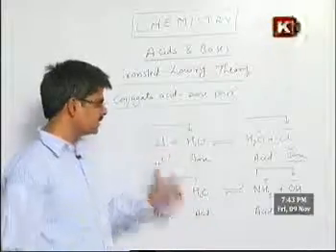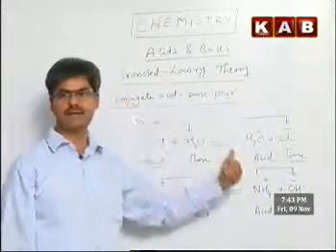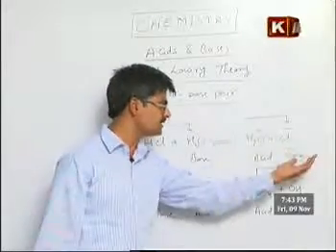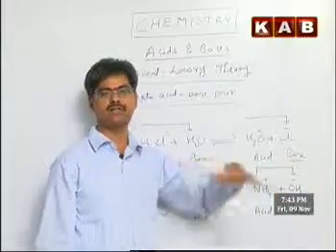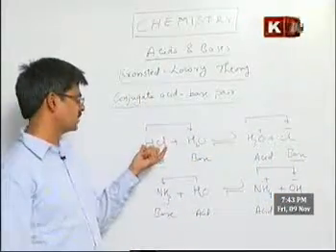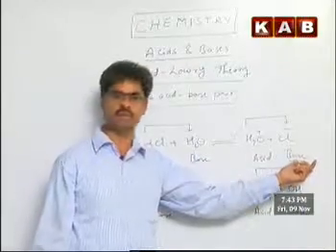HCl tries to be in the form of Cl minus and H+ separately, and therefore Cl minus will not have the tendency to take back its own proton. By that logic, when HCl is a stronger acid, the corresponding Cl minus base is always going to be a weaker base.